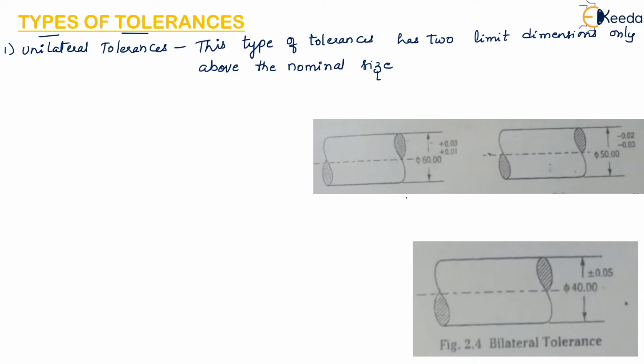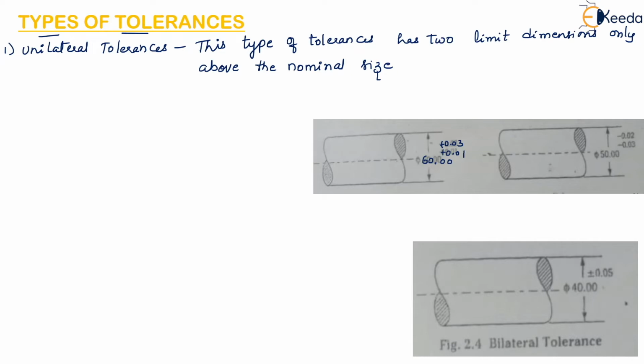Here we can see that they have given 60 as the diameter, and above it they have given plus 0.03 and plus 0.01. So above the nominal size we can increase it to this level.